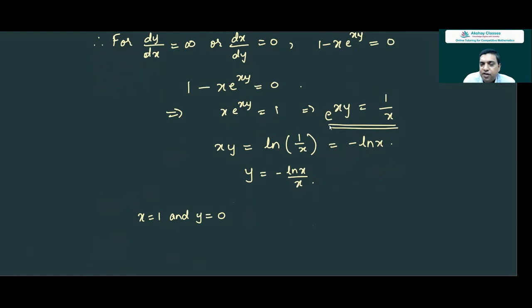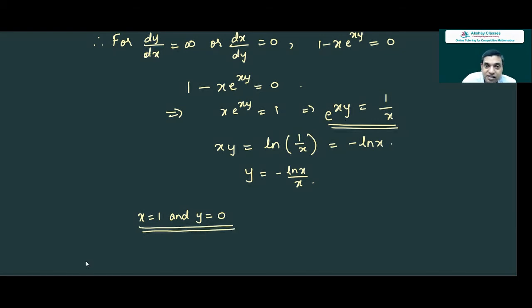Otherwise, this is a very difficult function to plot. All right, e power xy equals 1 by x. But if you can see here, when x equal to 1 and y equal to 0, this equation satisfies. Otherwise, it's a very difficult equation to solve.